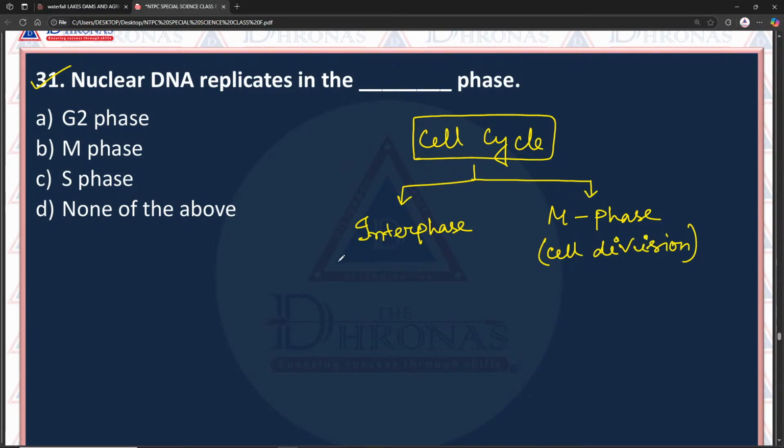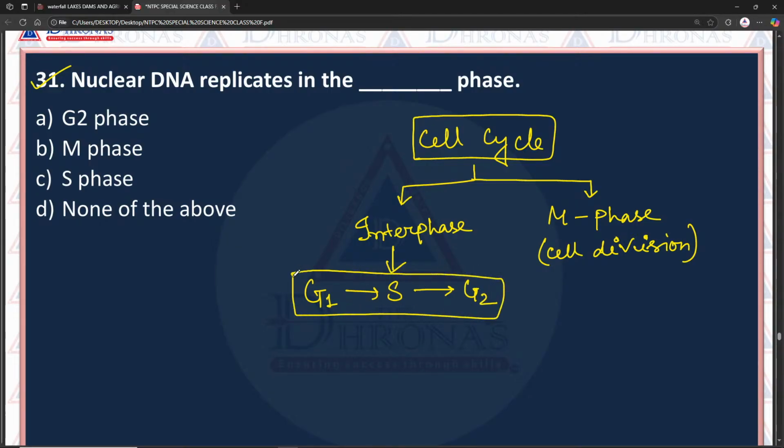Now interphase consists of three stages: growth phase 1, G1, then S phase, that means synthesis phase, and the last one is G2 phase. इन तीनों को लेके interphase होता है. ठीक? Now, during this growth phase 1, S and G2 phase, the cell actually prepares itself for the cell division process. That means M phase के लिए preparation होता है. ठीक है? Now, DNA replicates कहाँ पे होता है?